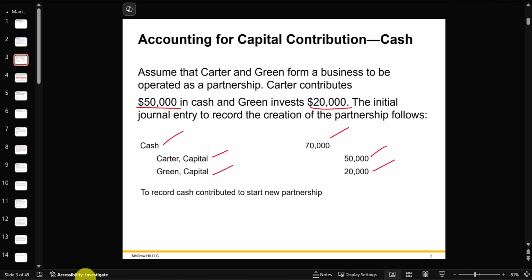So in theory, if the partnership were to liquidate right now, Carter would get back 50,000. That's the balance in his or her capital account, and Green would get 20,000. Probably before you liquidate a business, and we'll talk about withdrawing partners in the second video, you have to revalue the assets of the business and adjust the capital accounts.